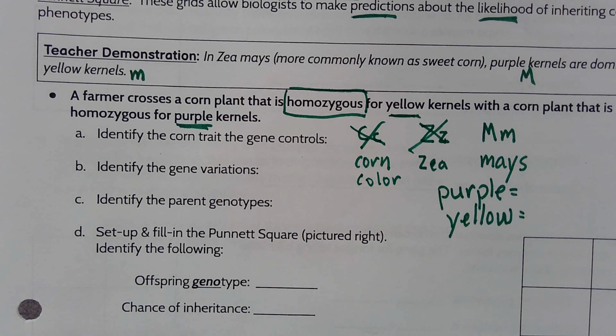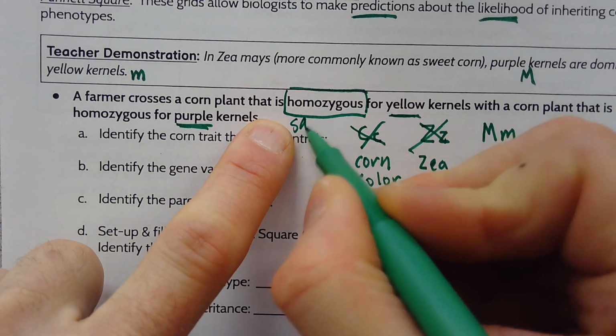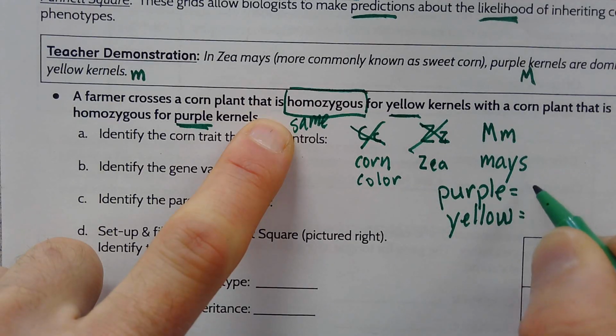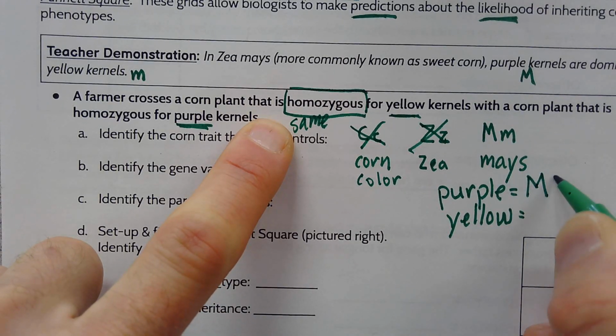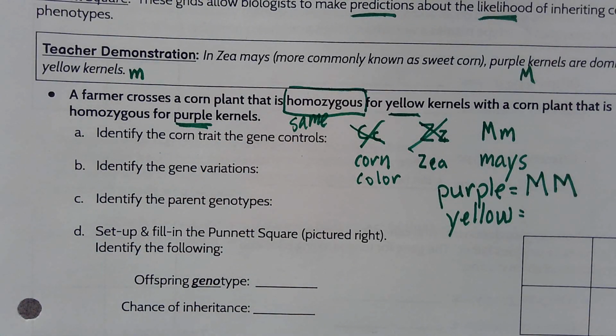All right, we said purple is dominant, so we're using that capital M, and it's homozygous. It means they're the same. So for purple, they're both capital M's. It's dominant. We use the capital M. All right, if we've got homozygous recessive, which is what the yellow is, is it going to be uppercase, uppercase, or uppercase, lowercase, or lowercase, lowercase?